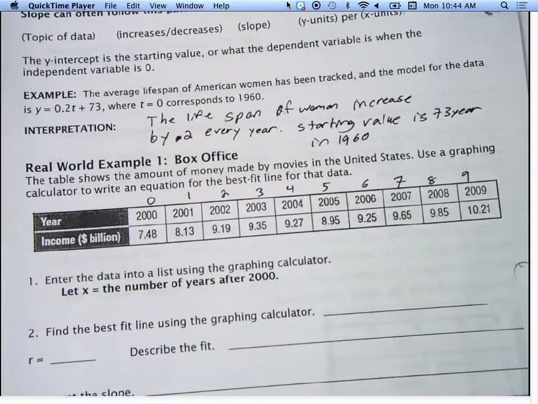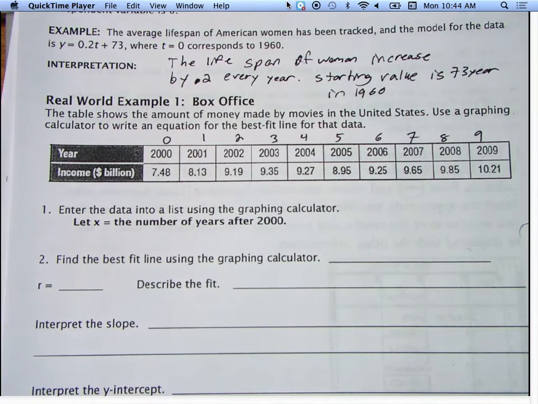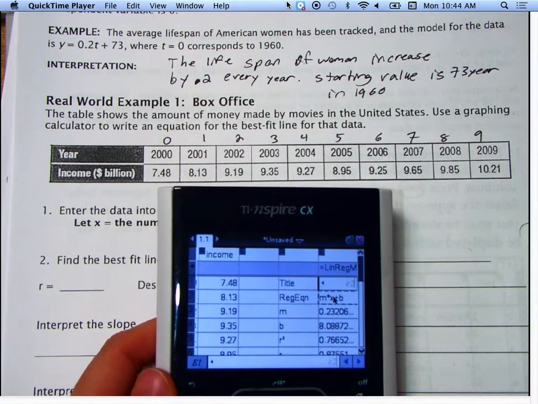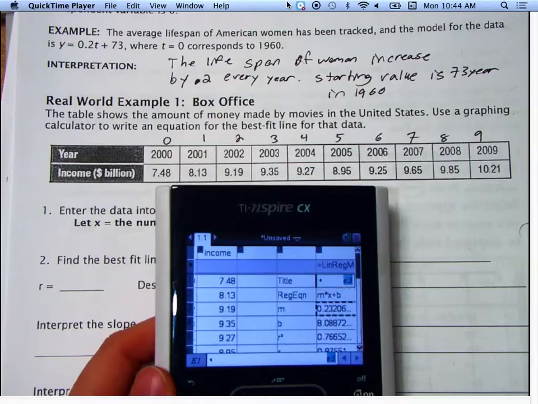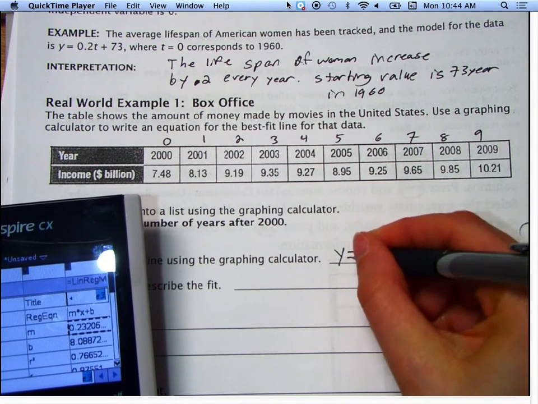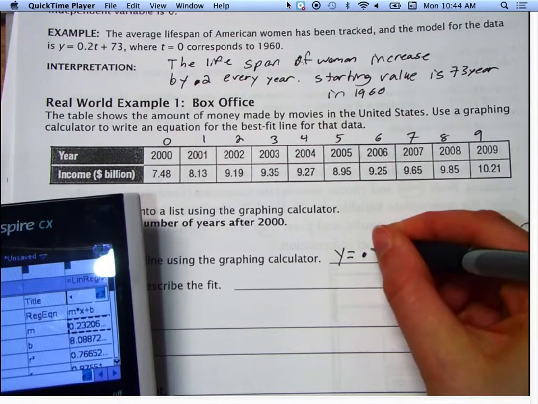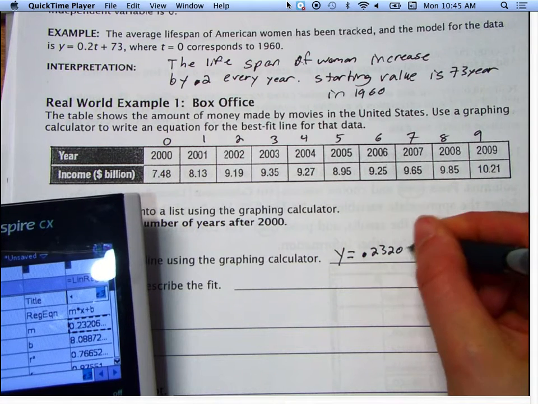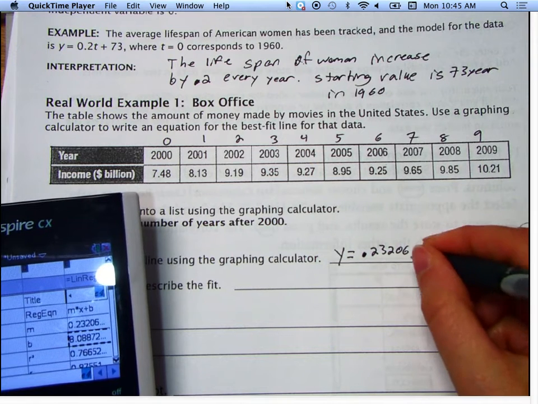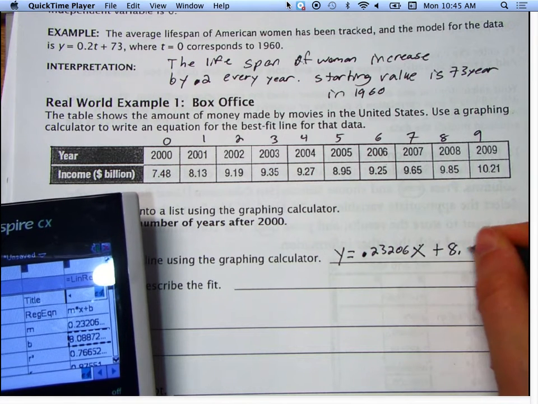Okay. So the first thing is we should be able to see our line of best fit, which if we look, it tells us that it's using y equals mx plus b right here. And then under that it tells us what our m is. So we can say y equals 0.23206x, and then it tells us our b is 8.088.